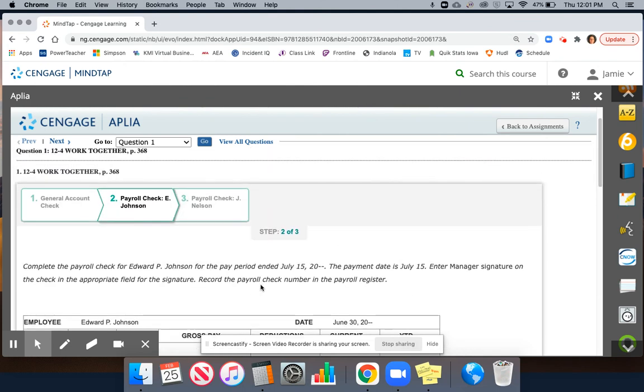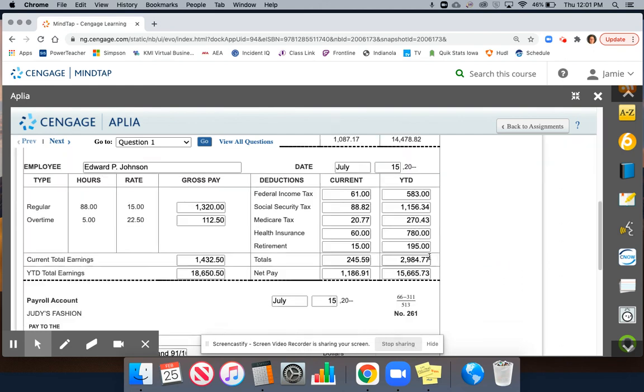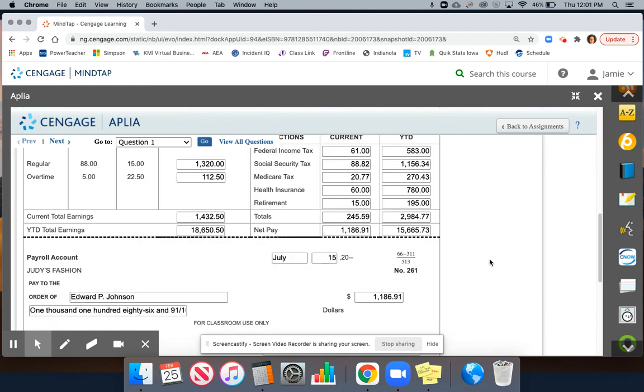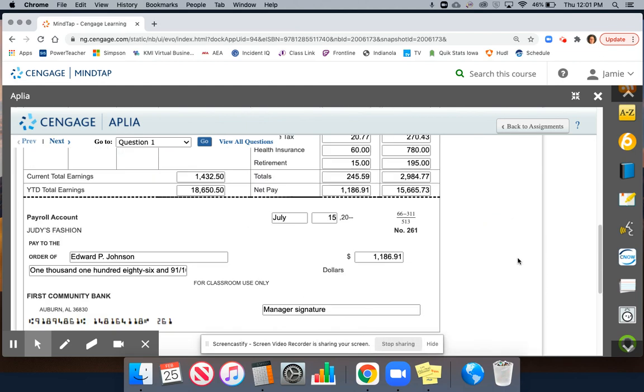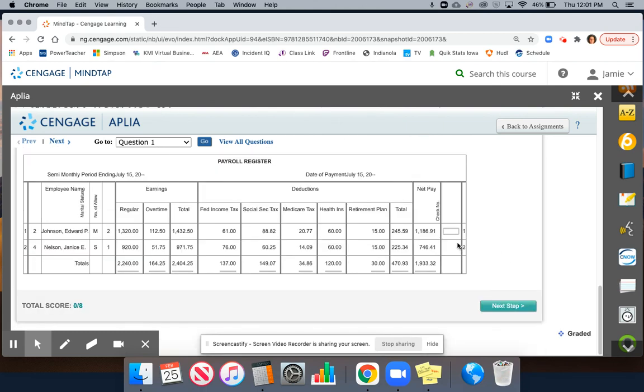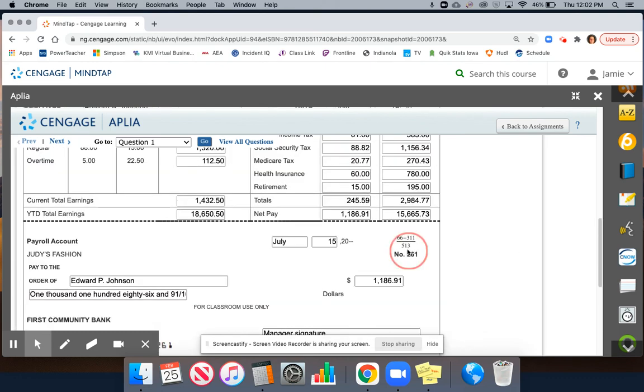And then the instructions say, enter manager's signature on the appropriate line. Finally, we need to put the check number, 261, into our payroll register because we wrote this check, $1,186.91, on check number 261.